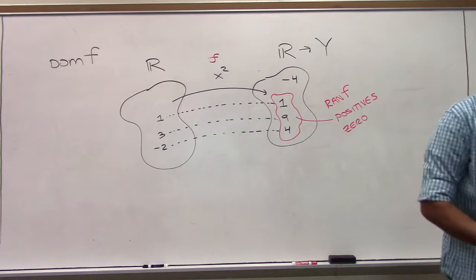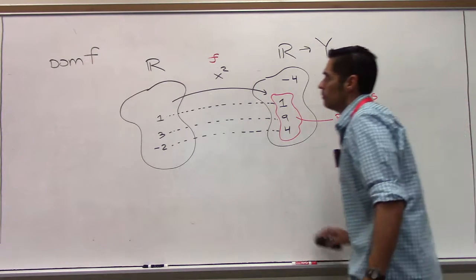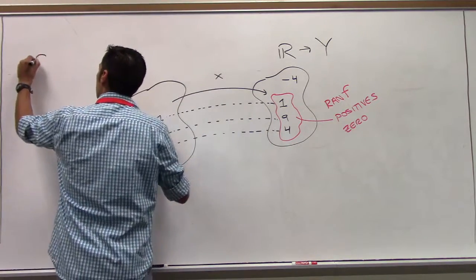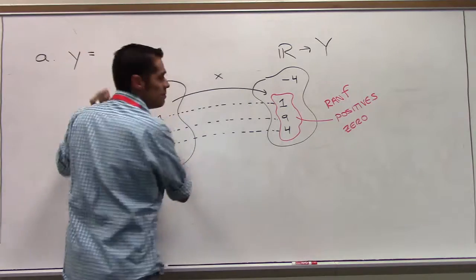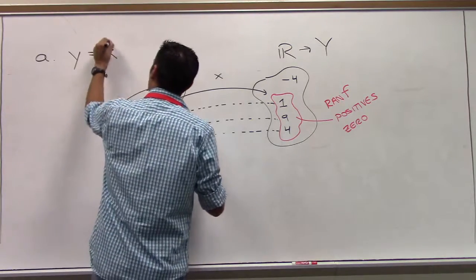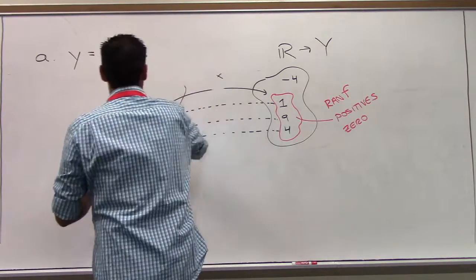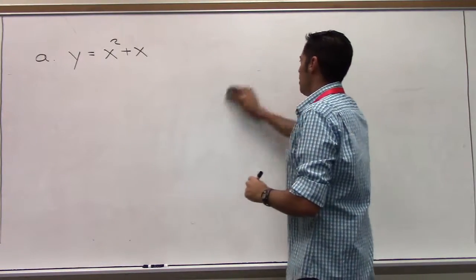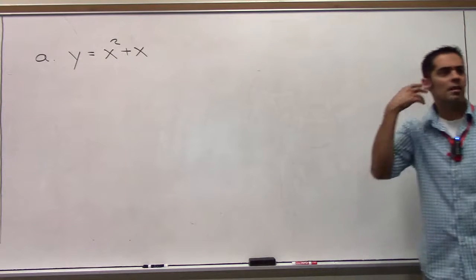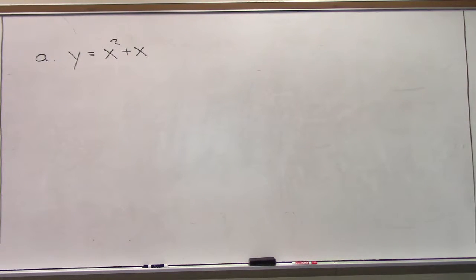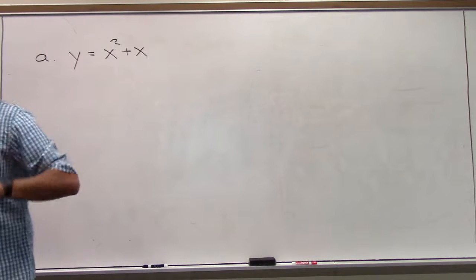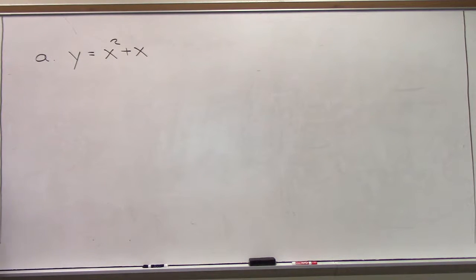Here are some examples that I'm going to do on the board. The first example is y equals x squared plus x. All we're going to do is look at this and analyze it, a little mental exercise. If I give you a value of x, are you going to get one value of y out? A single value.